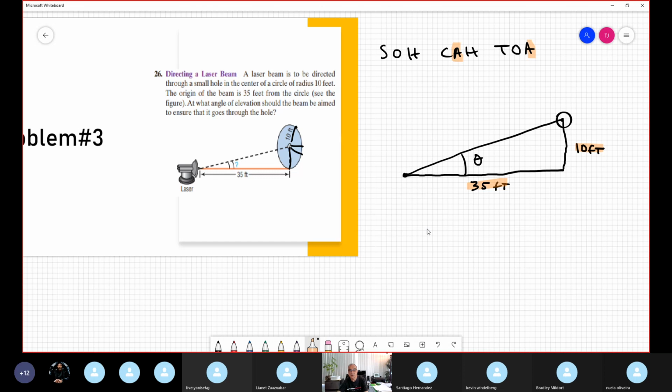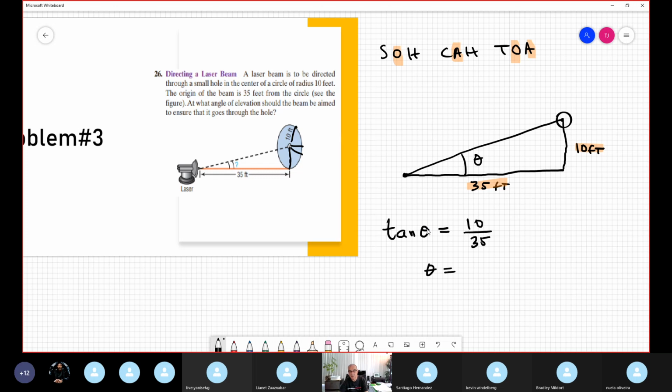This information is opposite. We have no information about the hypotenuse. Entonces es obvio that the most convenient trigonometric function is, tell me. Tangent. Tangent theta, which is my goal, is equal to opposite, 10, divided by 35.